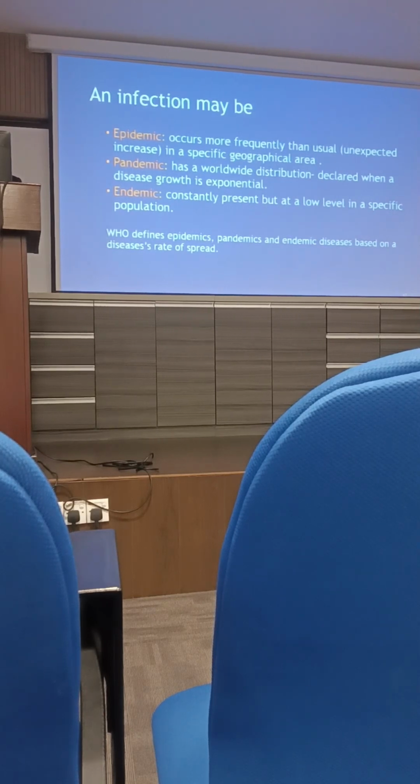Pandemic, what we have all gone through, is a worldwide distribution declared when a disease growth is exponential worldwide. And then there is also what we call endemic, constantly present but at a low level in a specific population. Like Malaysia, we are endemic for dengue, we have leptospirosis, malaria, right?